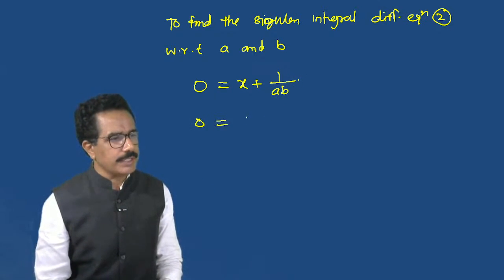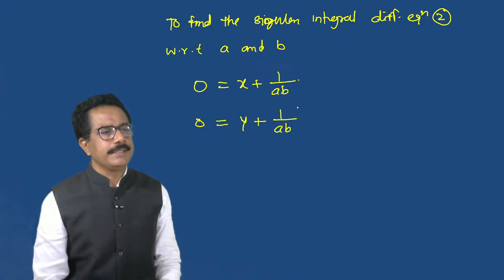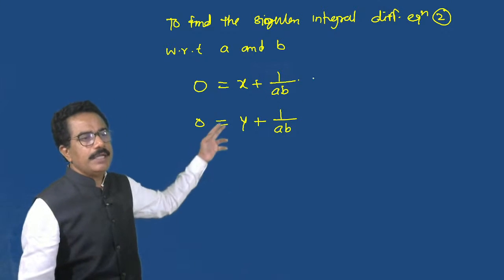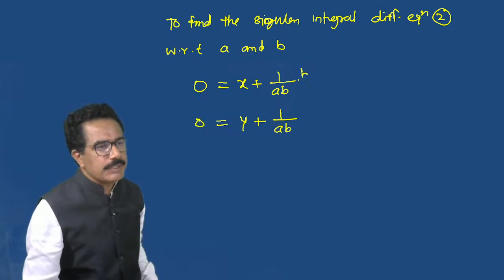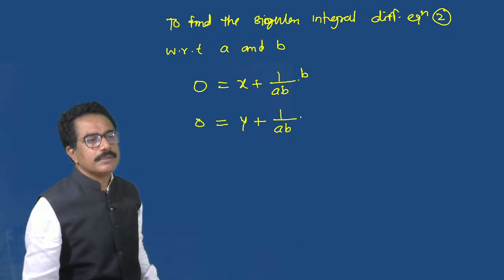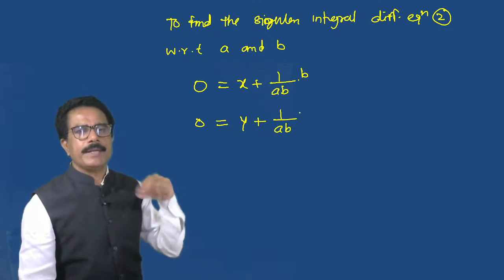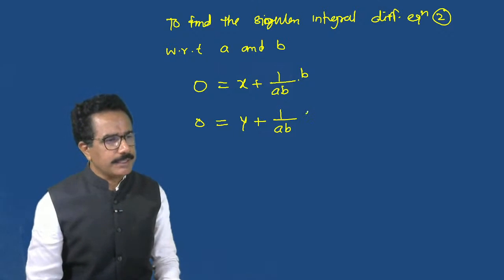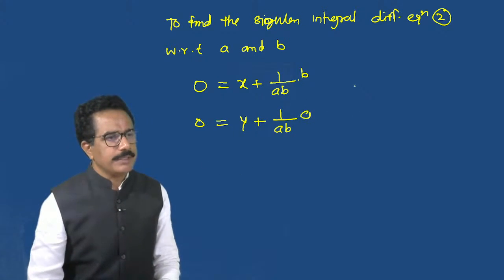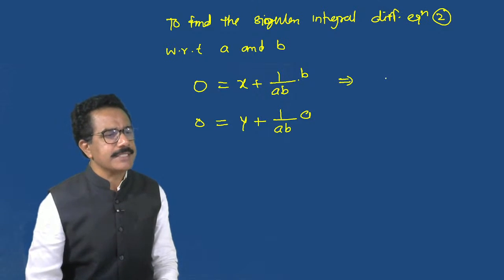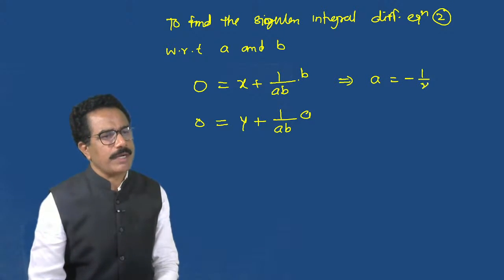Also 0 equals y plus 1 upon ab into the derivative of ab, which gives a. So b will get cancelled. So we can write a equals minus 1 upon x. This implies that b equals minus 1 upon y.